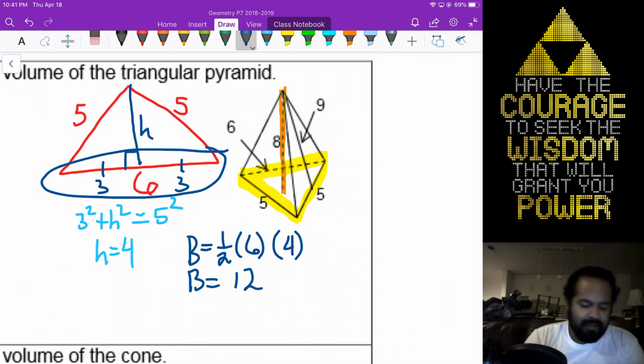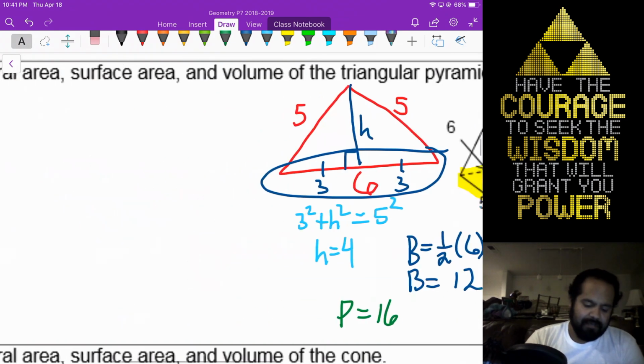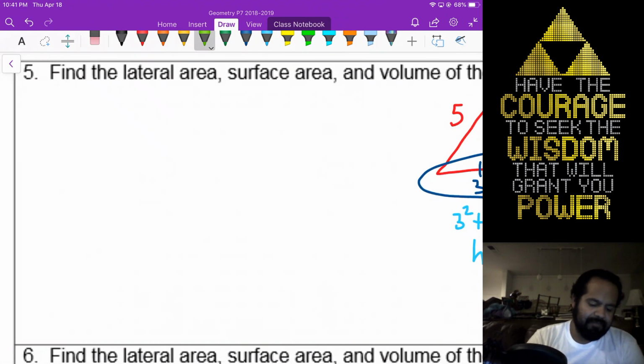All right, now one more thing, just because we've been doing it forever, we should find our perimeter. We've got to find the perimeter of our base, which is going to be 5 plus 5 plus 6, which will give us 16.